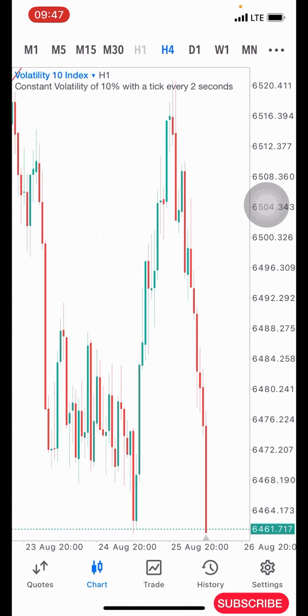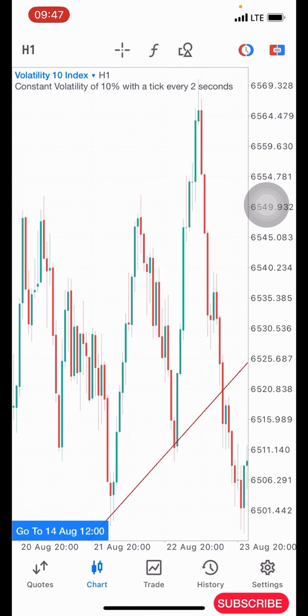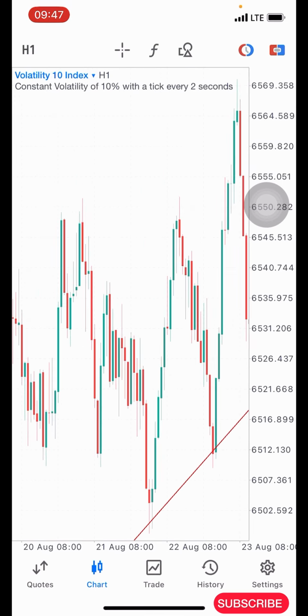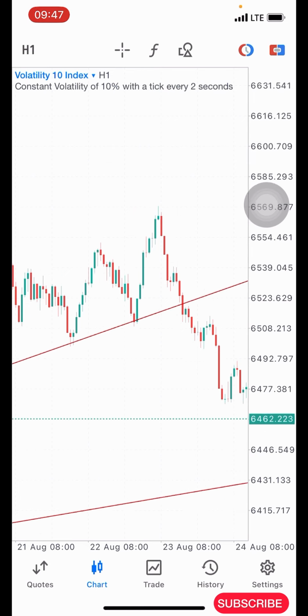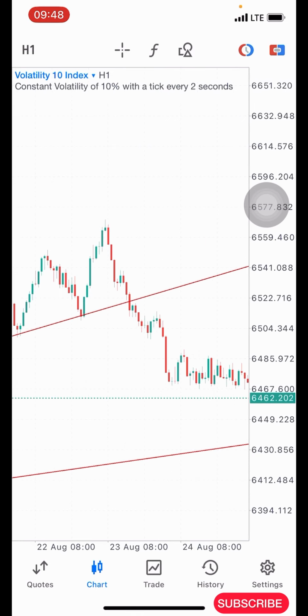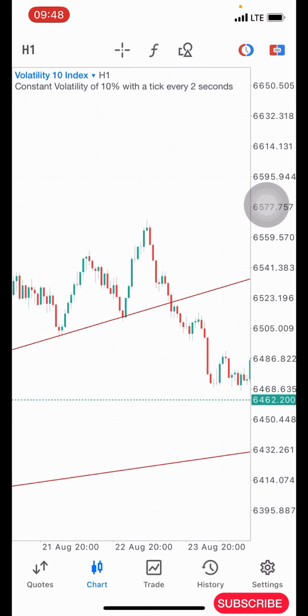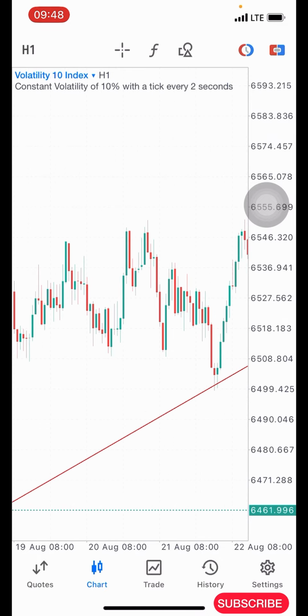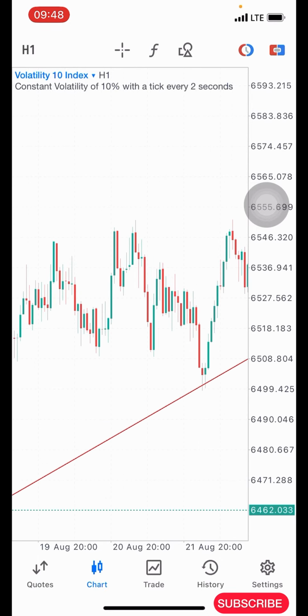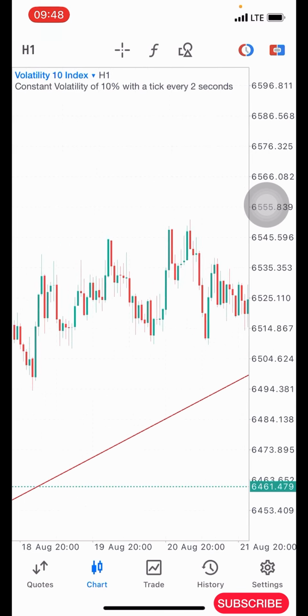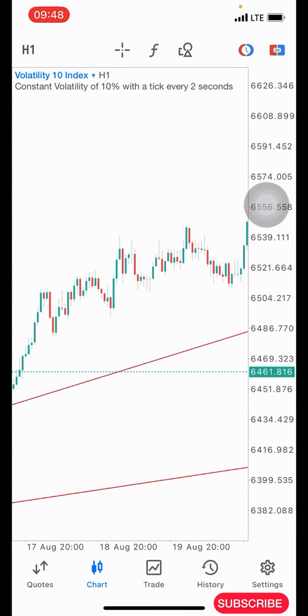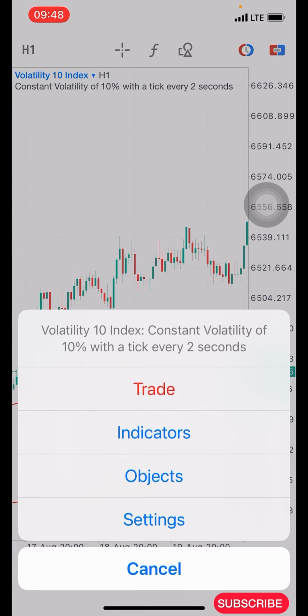I still went down to the 1 hour time frame, all right. So on the 1 hour time frame, what I did was that I put in some support and resistance zone, okay? I began to mark out some support and resistance zone which I was seeing in the market, okay?